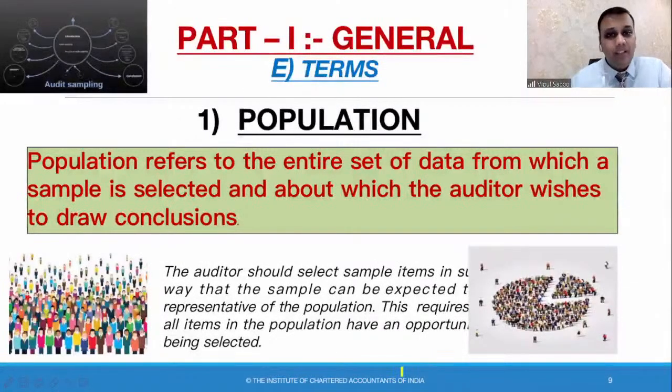Here you can see in this image I've shown some population. Many people standing over here, men, women, right? And over here, what have I done? They were all standing in a circle and I separated some of them. So what is it? This is a sample.